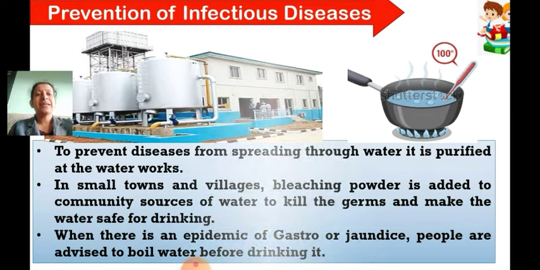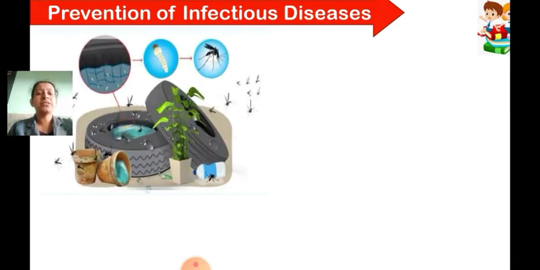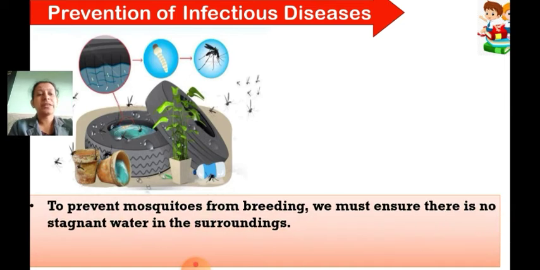Fine. Then let us see how we can prevent the mosquitoes from breeding. Okay, do you know what this picture is? Yes, it is the picture wherein it is shown that mosquitoes are breeding or reproducing there. So, how can we prevent these mosquitoes from breeding? Okay, so to prevent mosquitoes from breeding, we must ensure that there is no stagnant water in the surrounding.